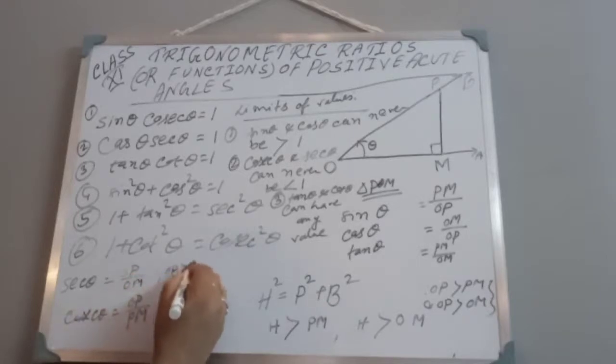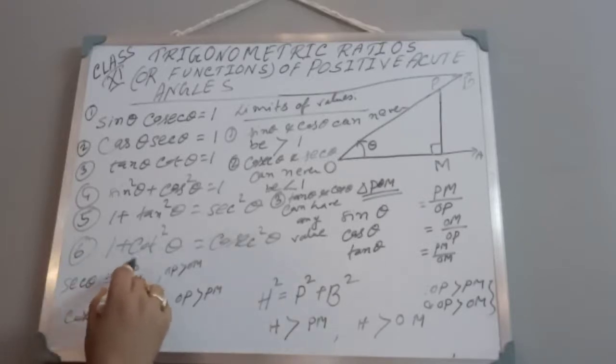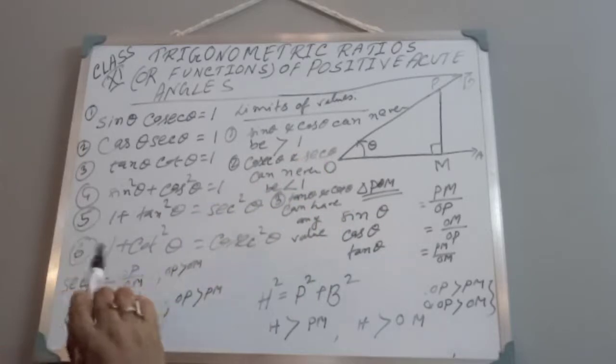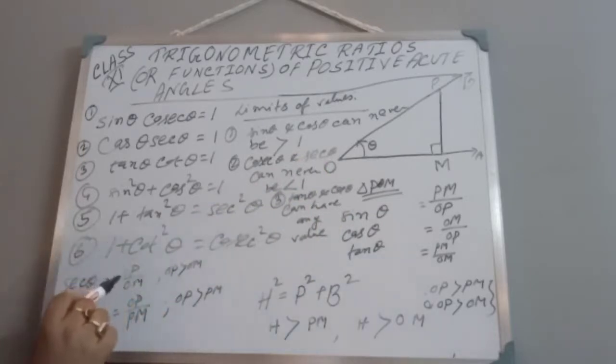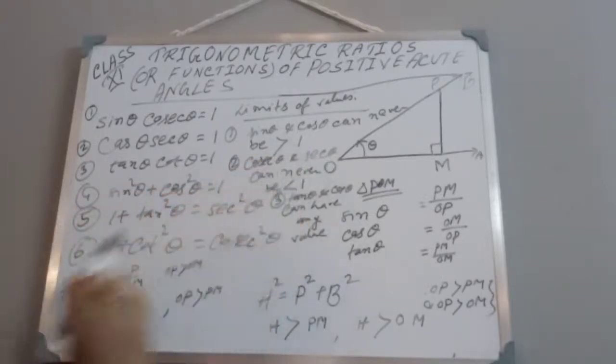Here OP is more than OM, and here also OP more than PM. Got it? That is why the numerator part is always more than the denominator part. That is why cosec theta and sec theta can never be less than 1.